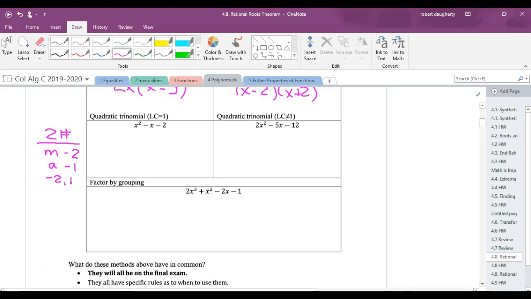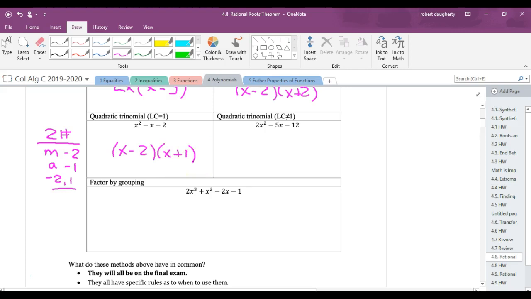Right, so since this starts with an x squared and not a 2x squared or 3x squared, I go straight to my answer here. My answer is x minus 2, x plus 1. And I'm done. That's the factorization of that one.